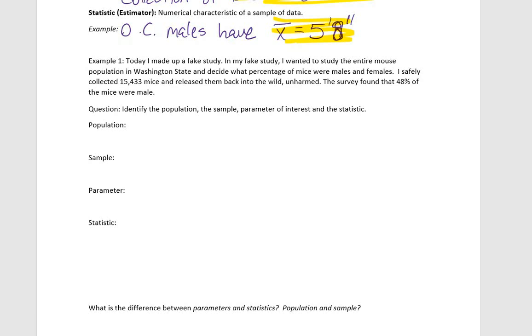If I'm going to identify the population, who was I interested in? Well, I was interested in the mouse population of Washington. Now, I couldn't get every single mouse in Washington, but what I did get is I collected 15,433 mice.